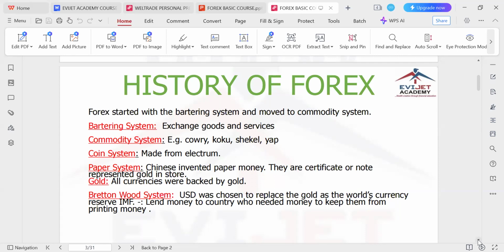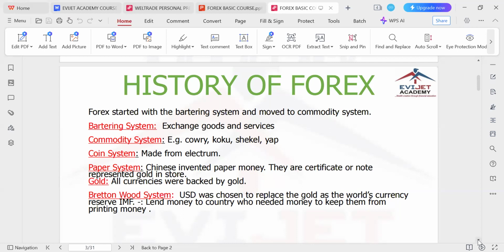They have gold in store, but there is a certificate issued as paper that you can use in exchange. Someone who has that paper money can go to the gold store and claim gold worth the paper money he or she is handling, all right?